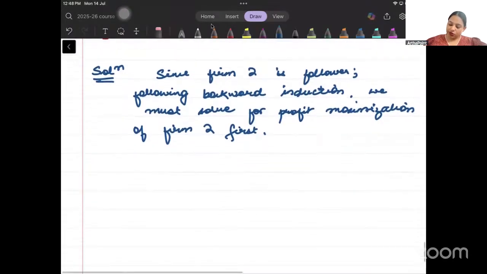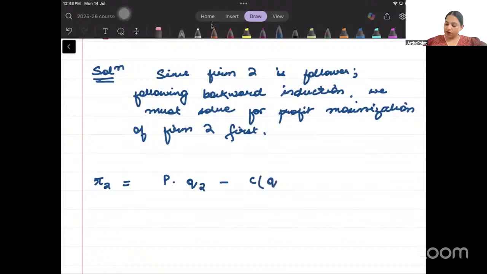Now you write down the profit function of firm 2. So it is price into quantity of firm 2 minus cost of firm 2. Right? So what is the price given to us as? The price function is 100 minus 2Q into Q2.